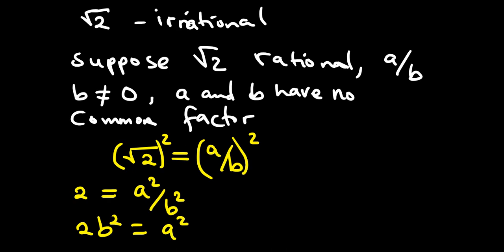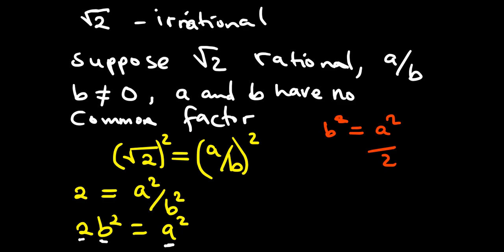So what this means is that I can get a squared if I multiply b squared by 2, and I can get my b squared if I divide a squared by 2, which means that a squared is divisible by 2.